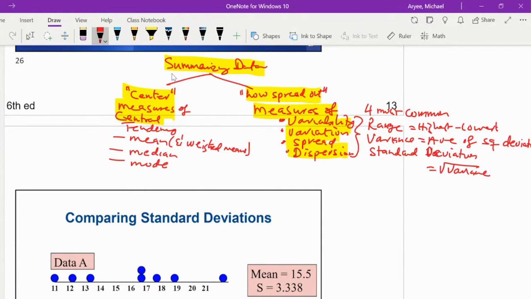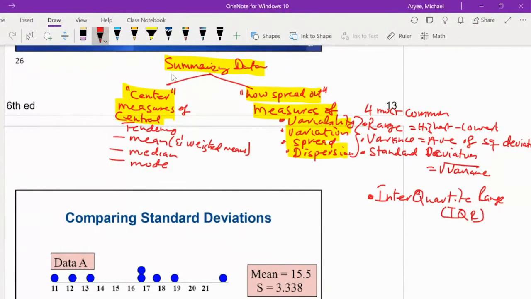We showed that. There was one more, called the interquartile range, popularly known as IQR.